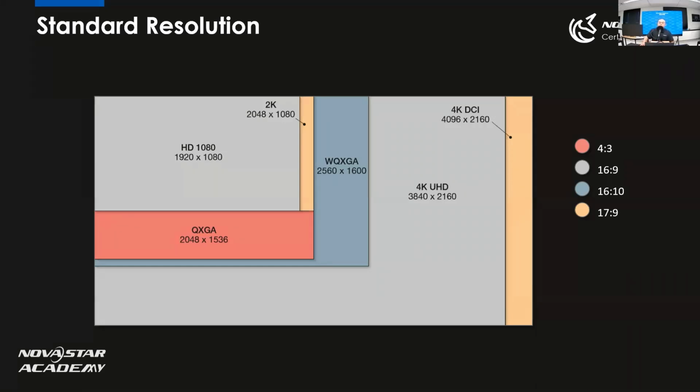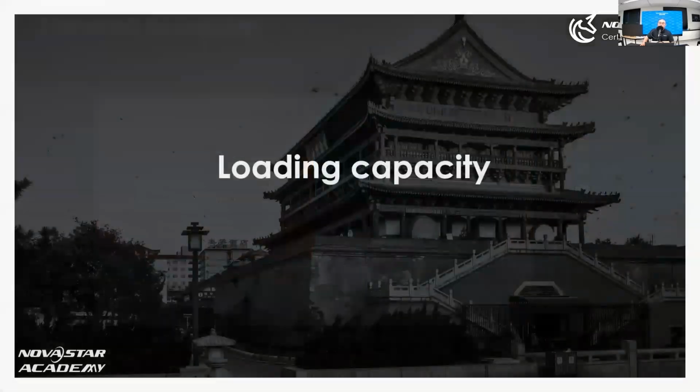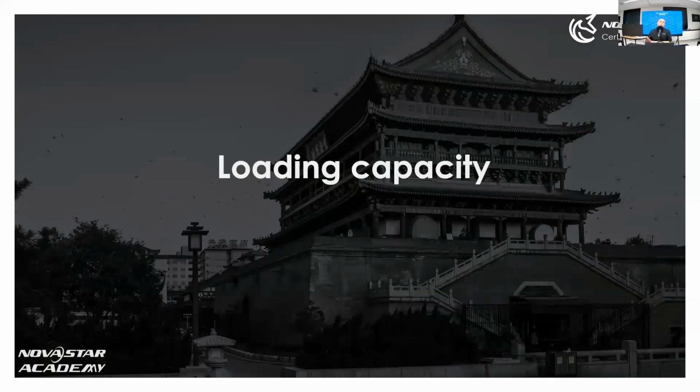Okay, then we are going to talk about the loading capacity. The loading capacity will influence how many cabinets we can connect for each single output and how many controllers you need for one project. So here we need to know what is the loading capacity, and when we talk about the loading capacity, we don't care about the pixel pitch or the physical size of the screen.